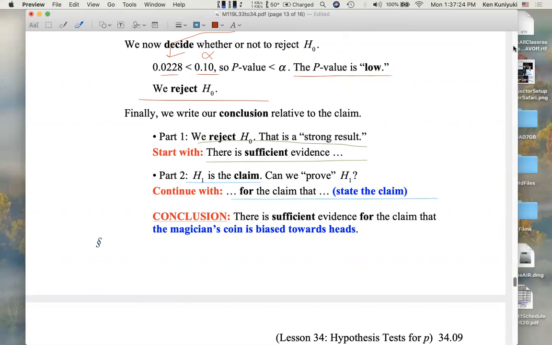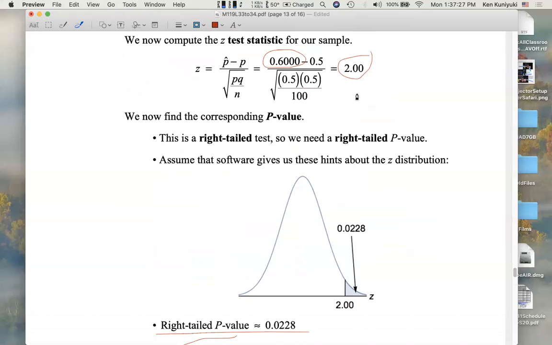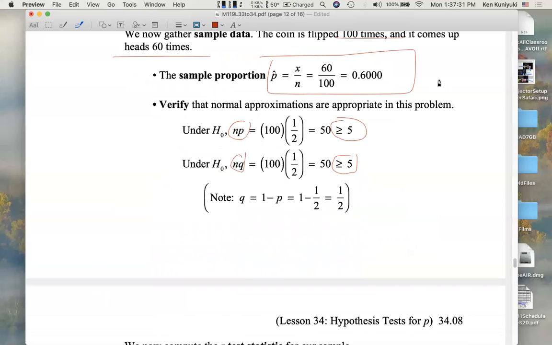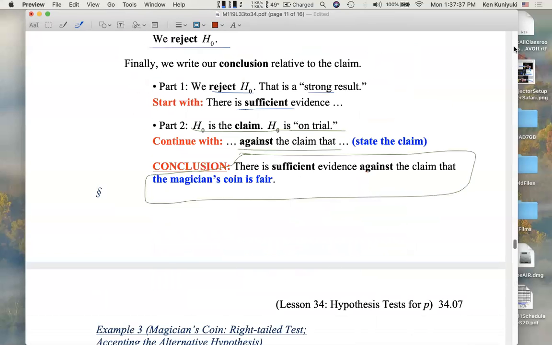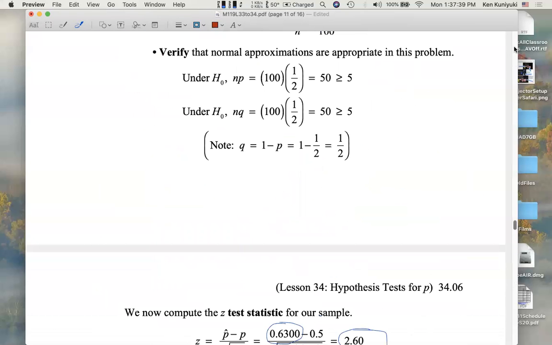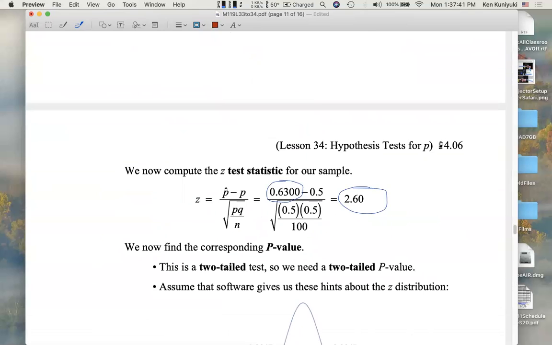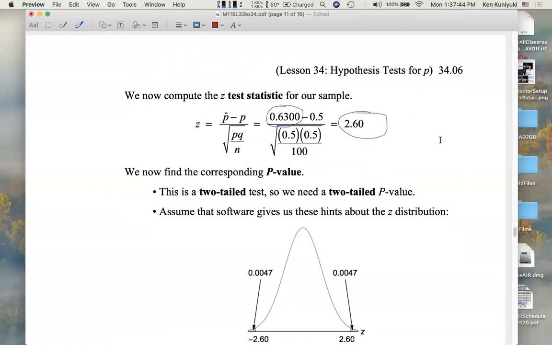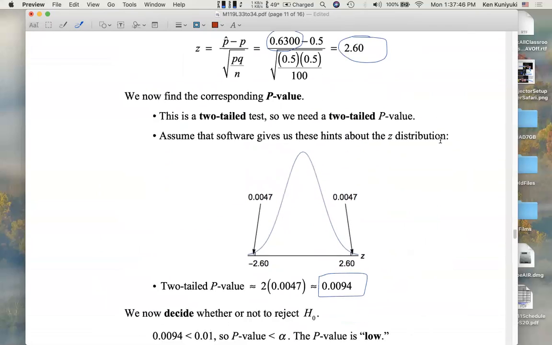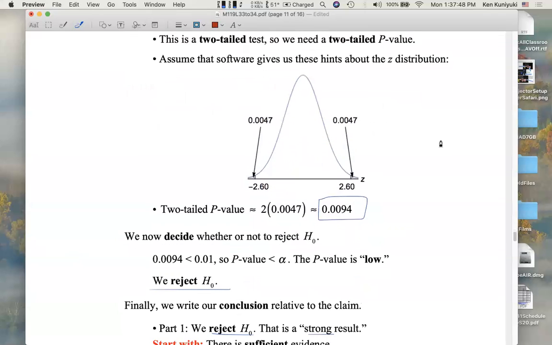Now, you might be going, well, wait a minute. Here with 60 out of 100 heads, we rejected the null and said that there was a bias. And it was pretty clear. Here with 63 heads, we just barely rejected the null. In both cases, we rejected the null, but here we just barely rejected the null.